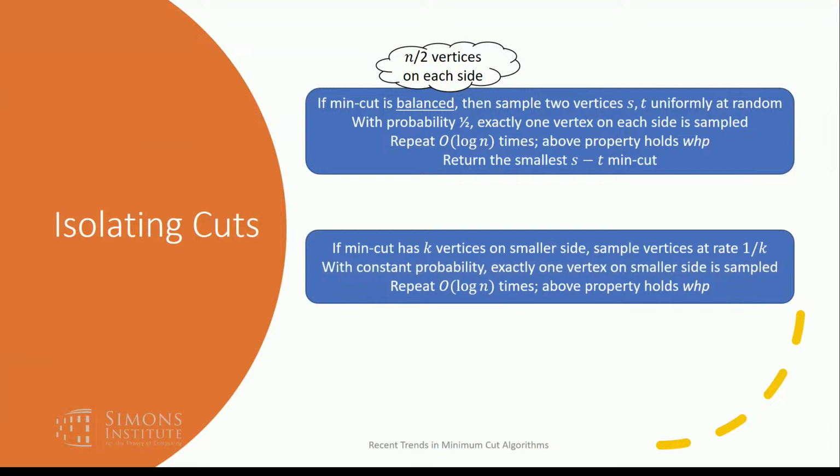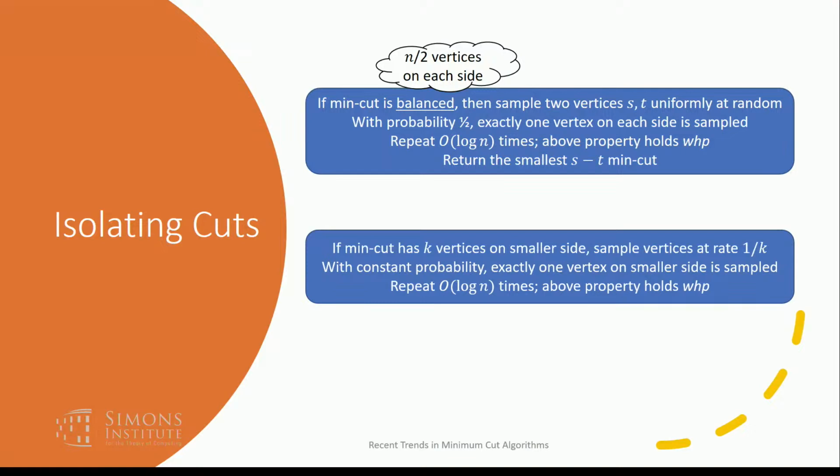Of course, the min-cut may not be balanced. There could be, let's say, k vertices on the smaller side, where k is much smaller than n. Here, one thing we could do is sample instead with rate 1/k. Then with constant probability, we still sample exactly one vertex on the smaller side.